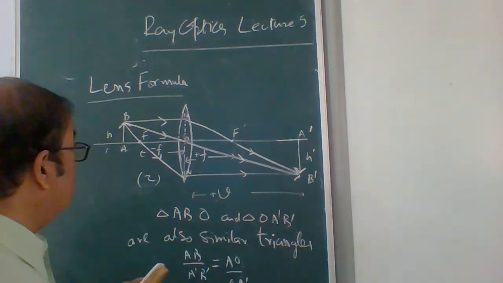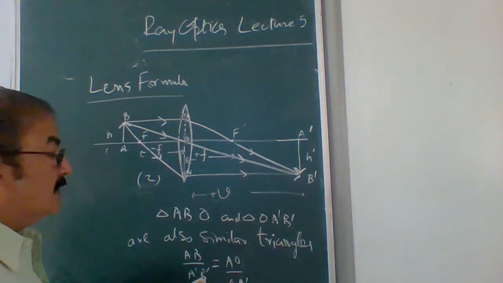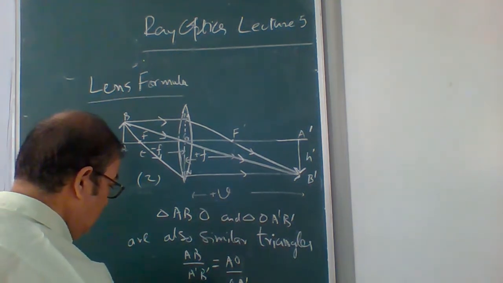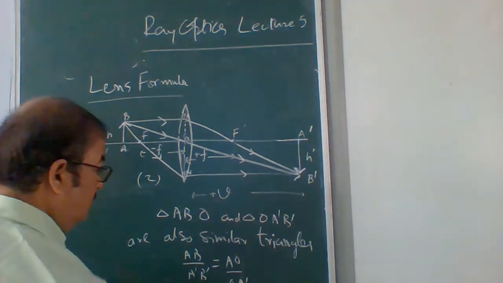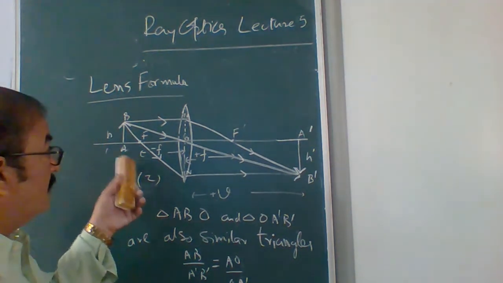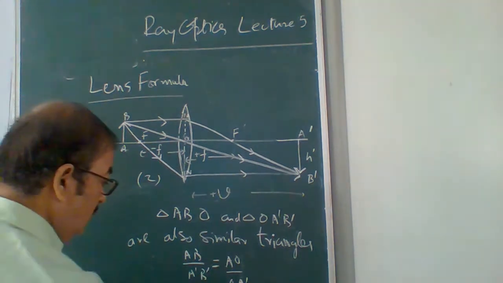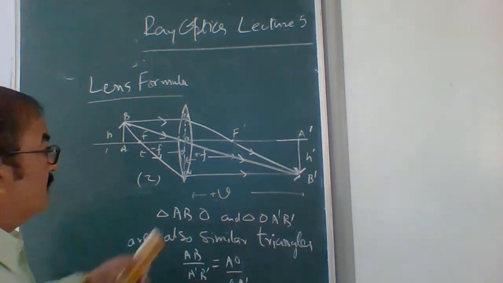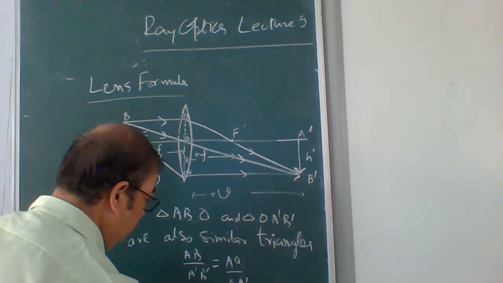This is the size of object upon size of image, and this is the position of object from the optical center, which we take as u, and this is the position of image from the optical center, v.